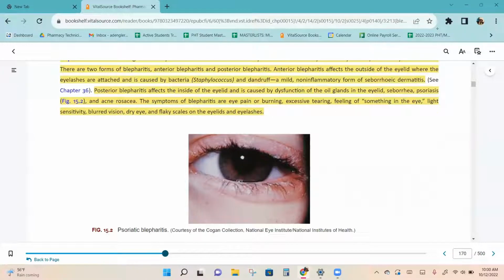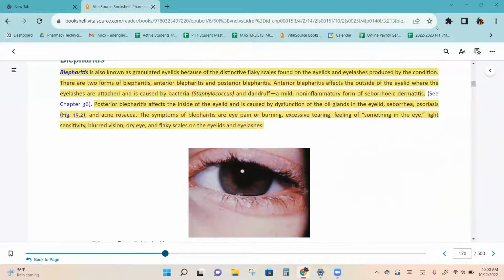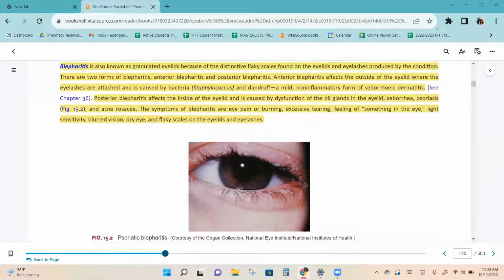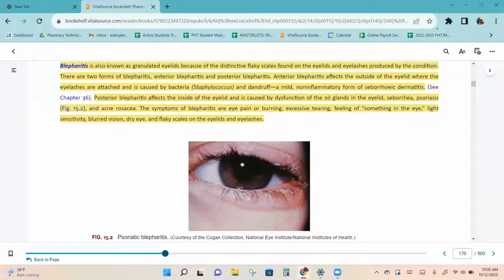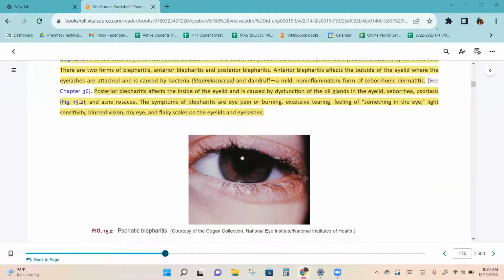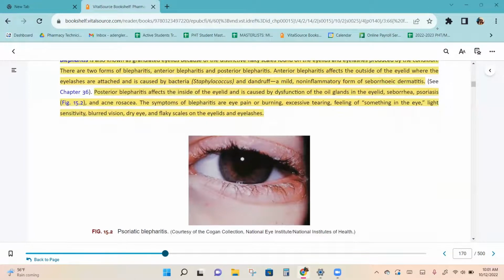So figure 15.2 shows that there are two forms of blepharitis, anterior and posterior. Anterior affects the outside of the eyelid where the eyelashes are attached, and it is caused by bacteria and dandruff. So you can see that on the eyelids here.